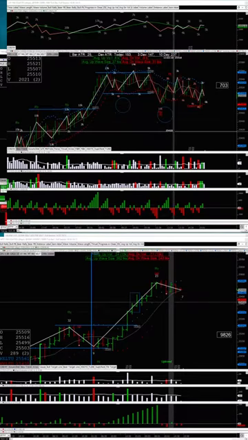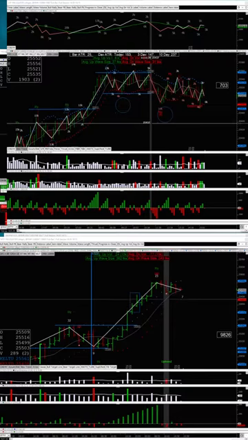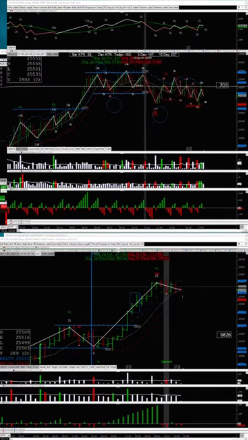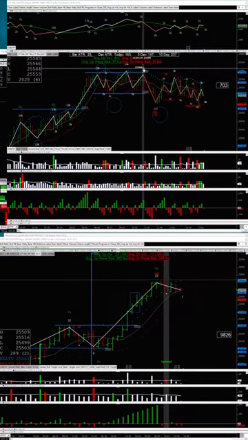So I encourage people to get that course, read it, understand how to use wave charts, and then start experimenting with the volume, time, and distance.